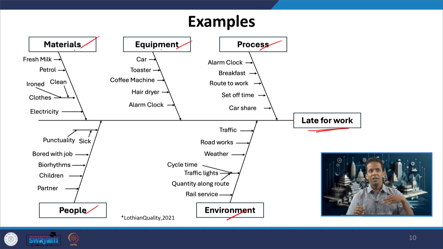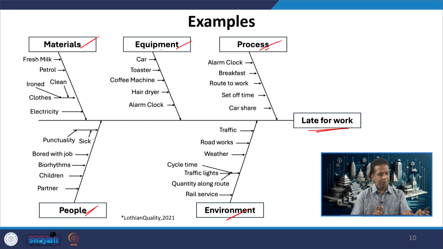Then waking up is a process, traveling is a process. How you wake up, how you eat, how you travel, that can happen in the process or the routine. Then people: other family members involved may also be one of the causes for the employee getting late. And then there is environment, because you will come through the traffic, through the infrastructure which is built on the land, so environmental factors will also play a role.